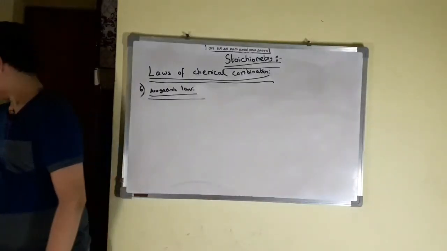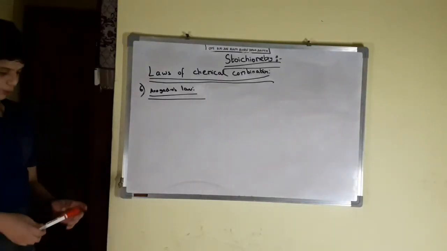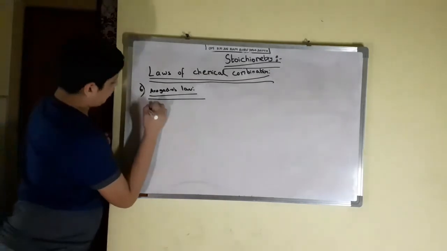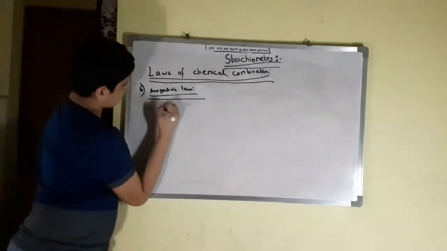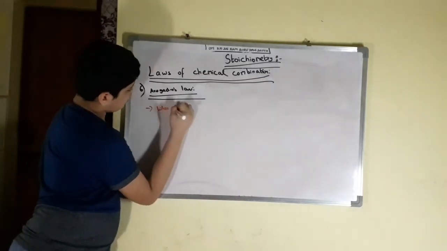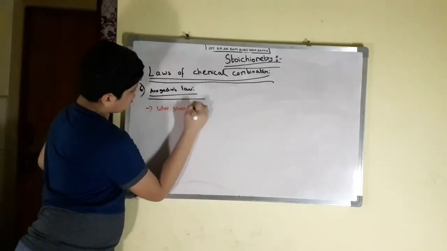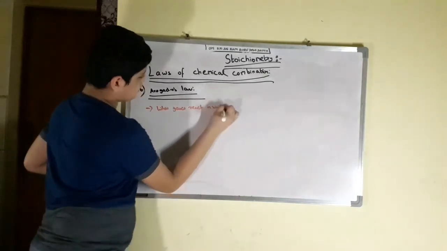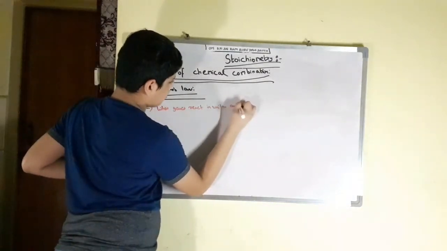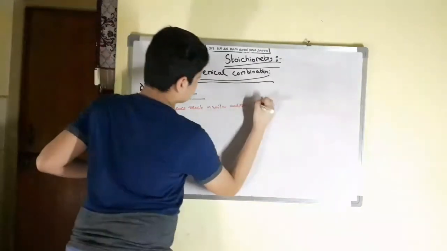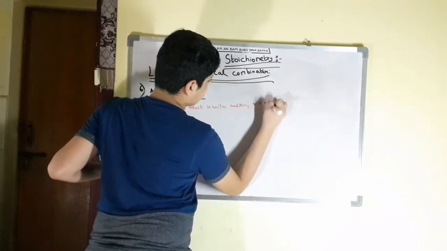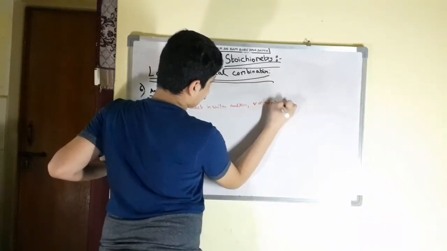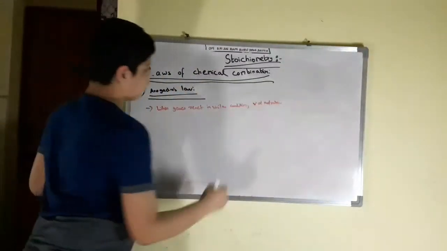From the heading itself, the law was proposed by Avogadro, Mr. Avogadro. So what does this law state? This law states that when gases react under similar conditions like temperature and pressure, the volume is proportional to the number of moles. Volume of gases is proportional to number of moles.